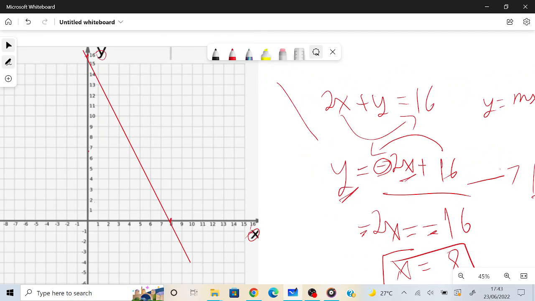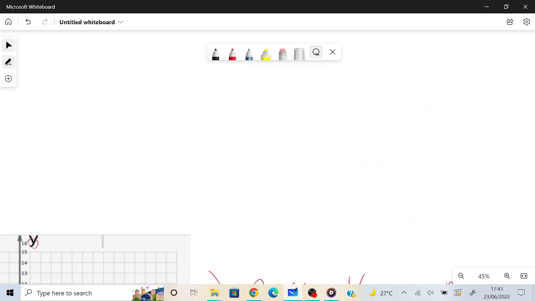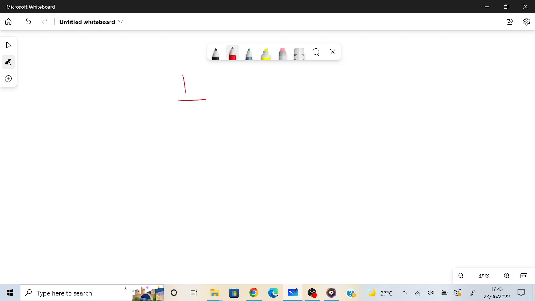So that's that question, and moving on to the final question for today. That question is 1 over 4 y equals minus half x plus 2.5. Now again, there is a coefficient in front of y, so let's get rid of this coefficient.